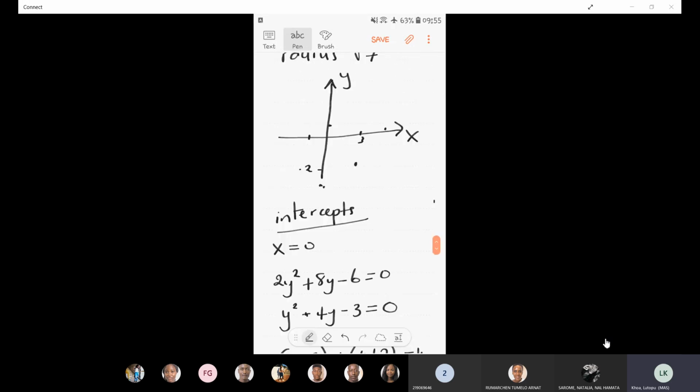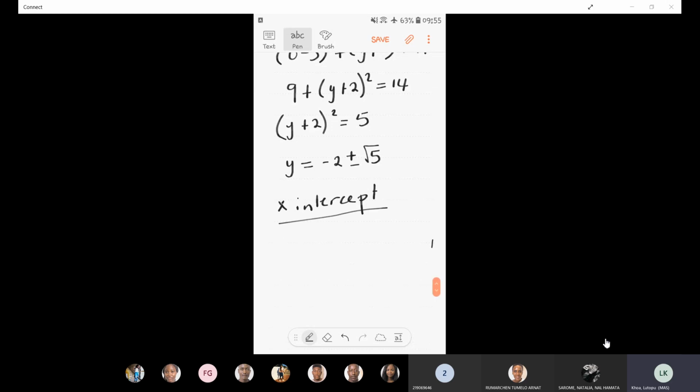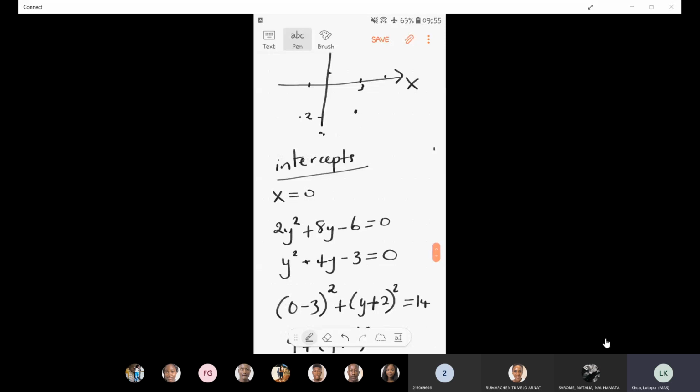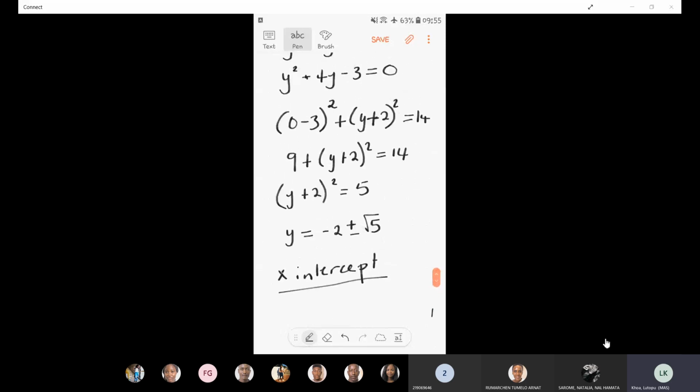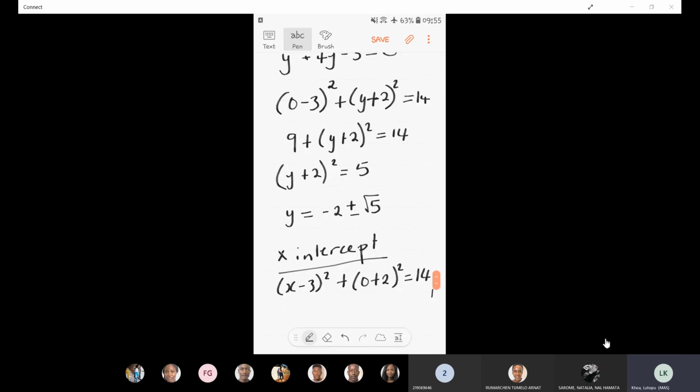And to get the x-intercepts, we say y is equal to 0. So we'll do the same thing. If y is equal to 0, we have x minus 3 squared plus 0 plus 2 squared equal to 14.